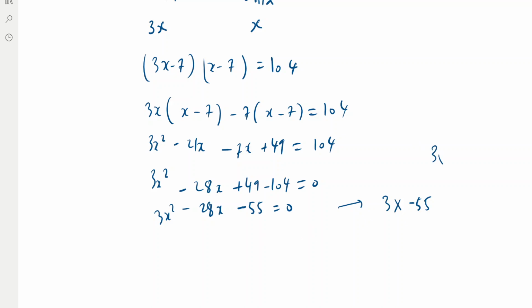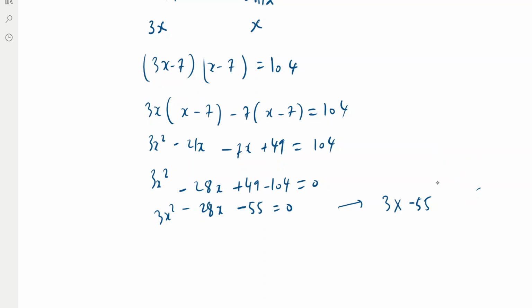So I see 3 times 5 times 11, for example, and from here I don't get 28 anyway. So you can also think of 33 times 5. And from here, I think we can get a negative 28.